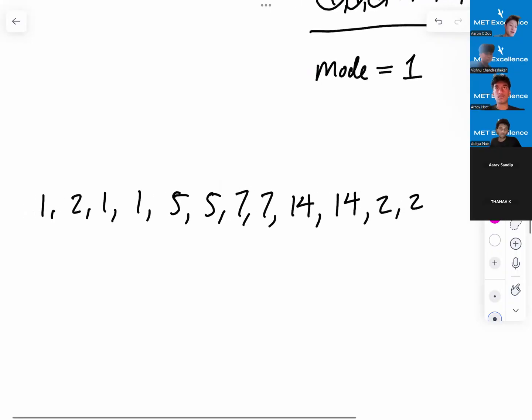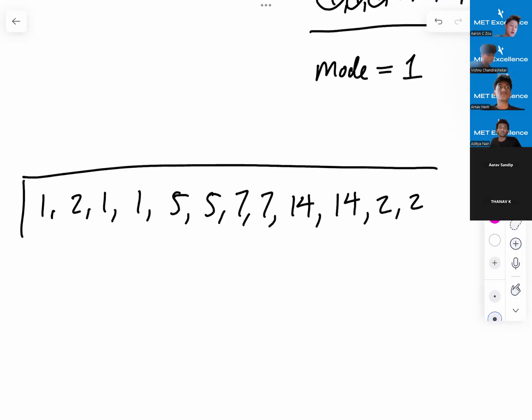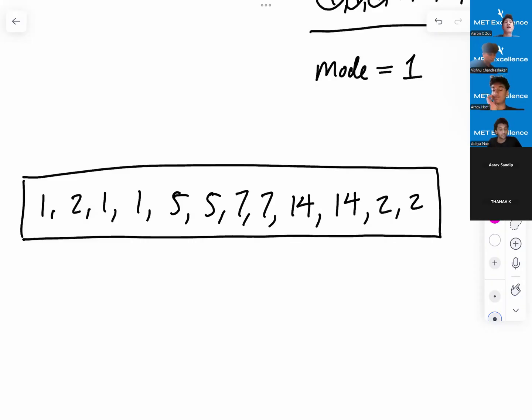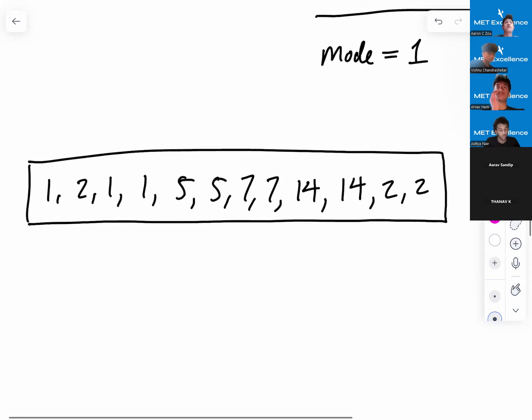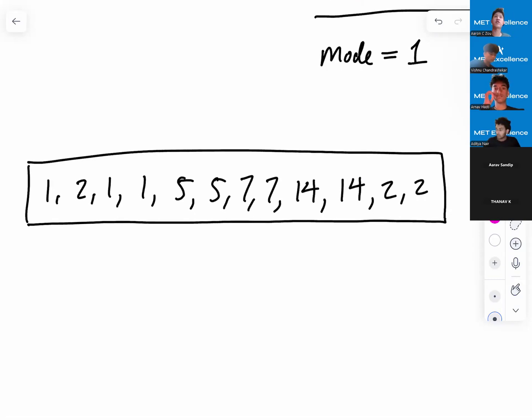Okay, so go ahead and find the mode and the median, and might as well throw in the mean too. So find the mean, median, and mode of this data set. You can put your answer in the chat when you find it.